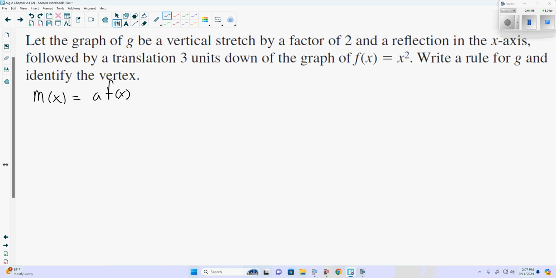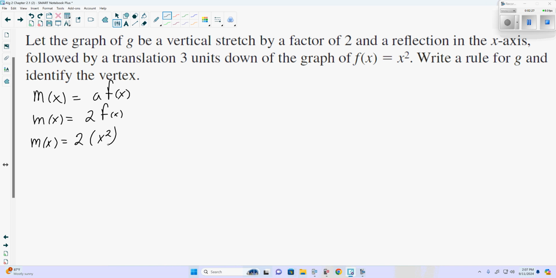As we denoted, a vertical stretch or shrink is applied as a times f of x. And here, the amount that we're stretching or shrinking the function by, the a value, is 2. So we're stretching this function by a factor of 2.